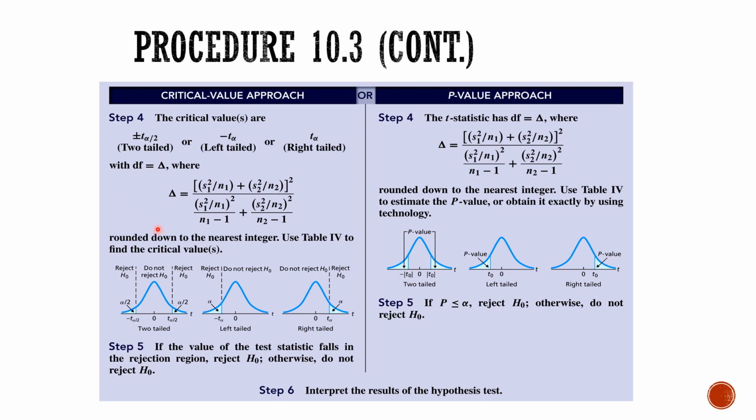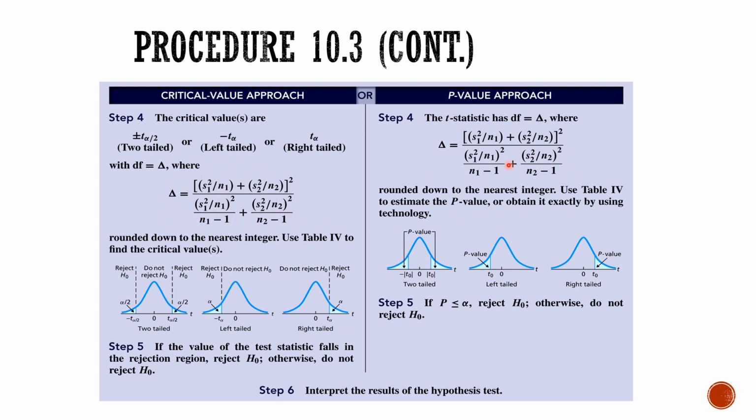In step 4, we use the two approaches to come to a decision. In the critical value approach, we first have to draw a diagram showing the reject and the do not reject regions, and for that we have to know the value of delta, this df, using this formula. Once we have this delta value, we find the t of alpha with that df.